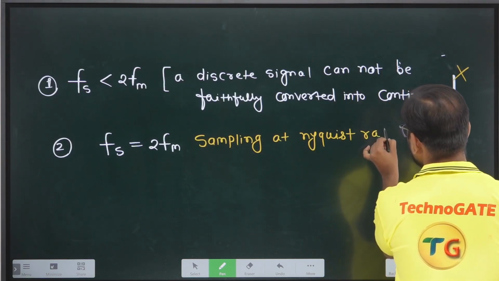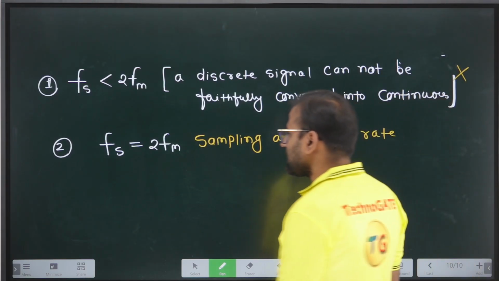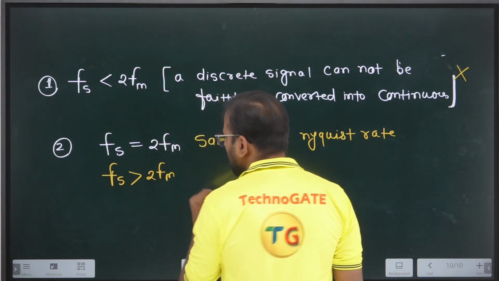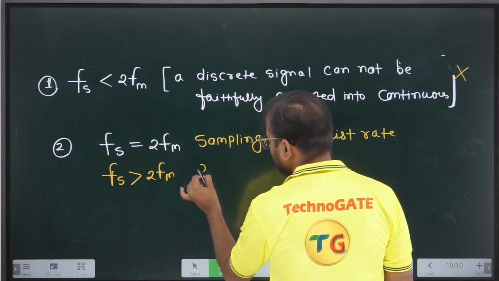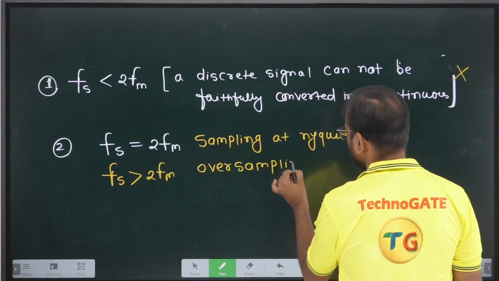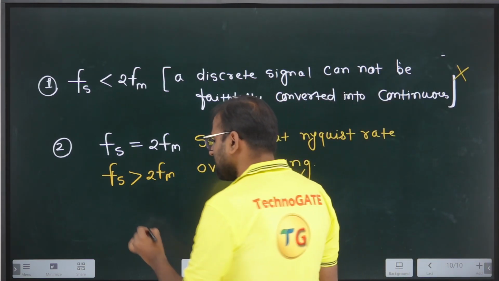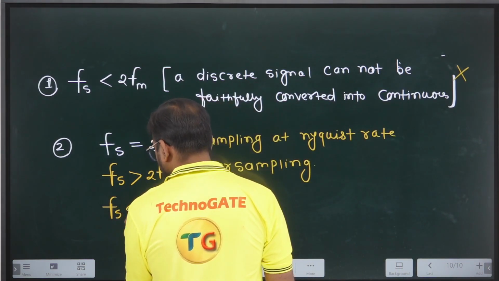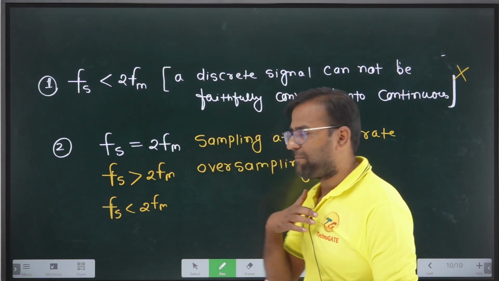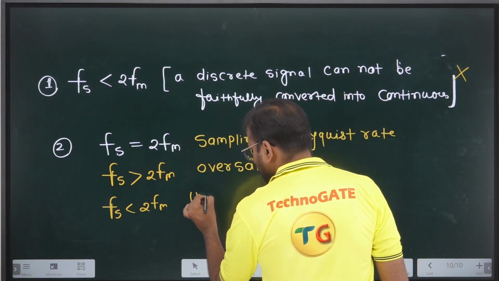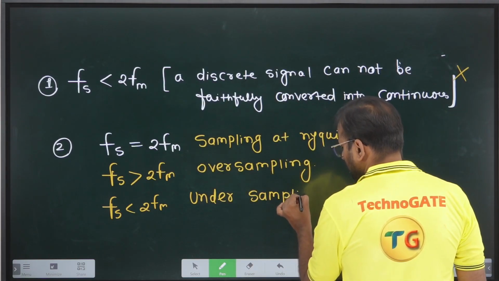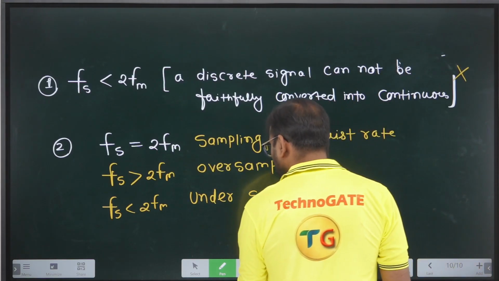When Fs is greater than twice Fm, this is known as oversampling. And when Fs is less than twice Fm, it is known as undersampling. So this is the idea for sampling.